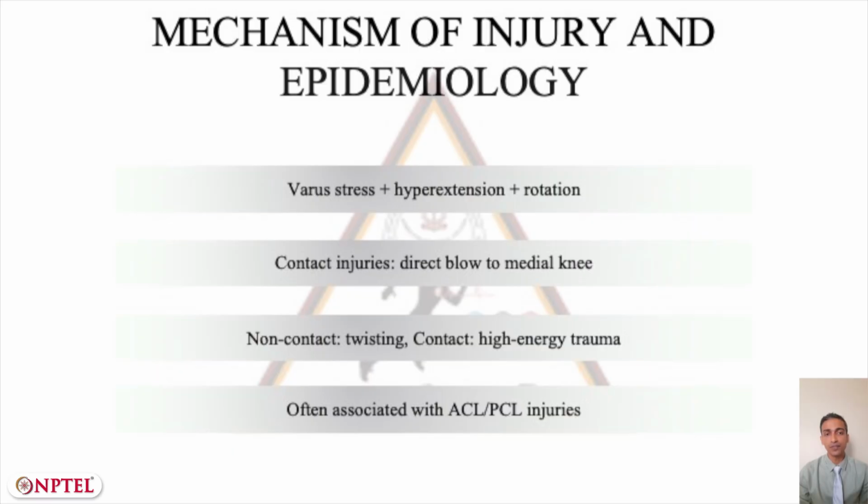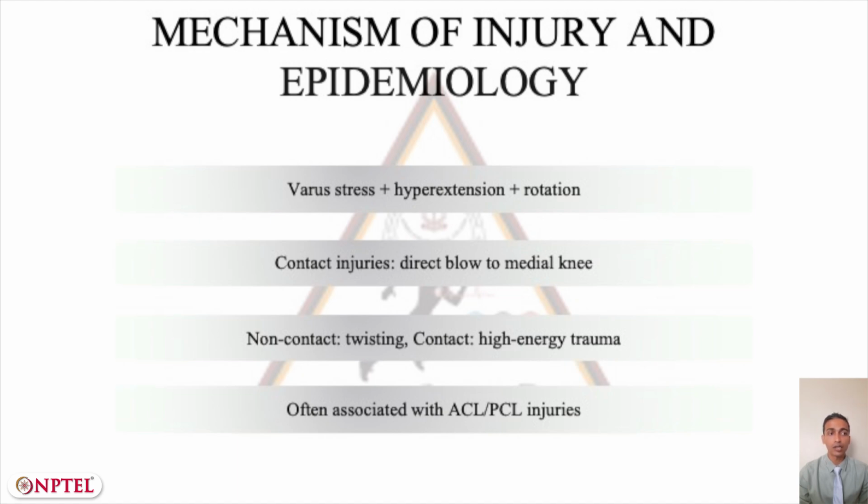Now, as seen in the previous slide, we already know that a varus force will lead to LCL injury. But varus force alone may cause a low grade LCL injury. A high grade LCL injury along with PLC injuries usually results from a varus force combined with hyperextension and external rotation of the knee.